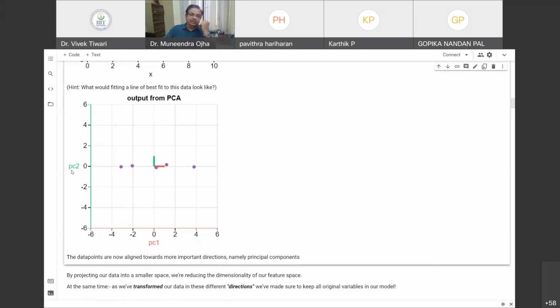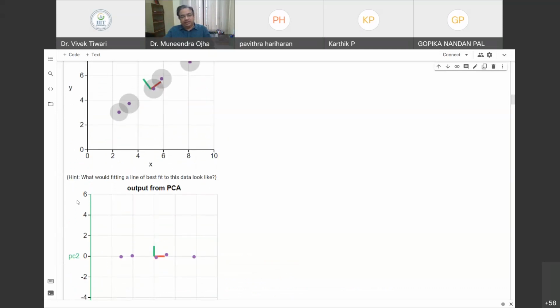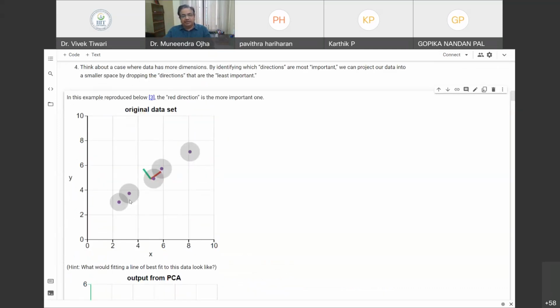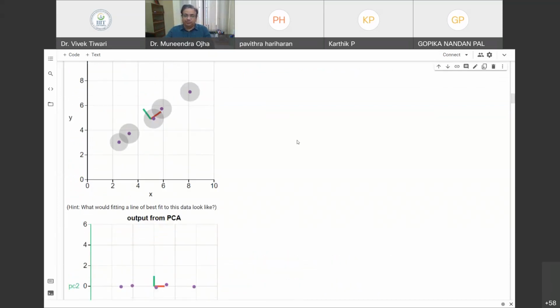Then PC2 gives the second direction, this green one. So there is very small variation in this direction. Okay, and now the original data is projected onto this kind of axis. So instead of x and y, now the columns will be called PC1 and PC2.